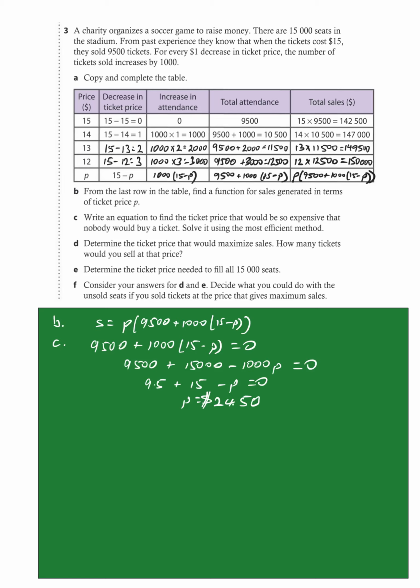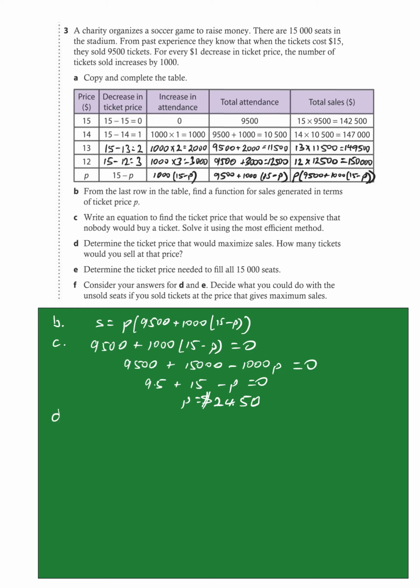Okay. Let's have a look at D. Determine the ticket price that would maximize sales. So when it says maximize, we're expecting a quadratic that's an upside down parabola with a negative A coefficient. How many tickets would you sell at that price? Okay, so let's have a look at that, shall we? We're going to expand this to turn it into a quadratic in the form that we know.